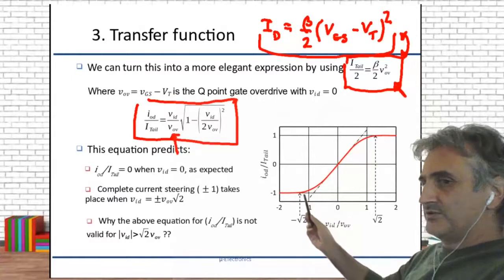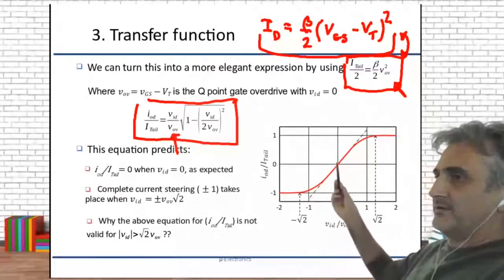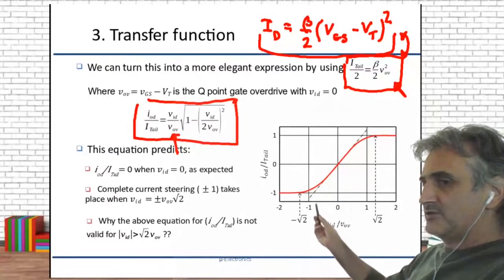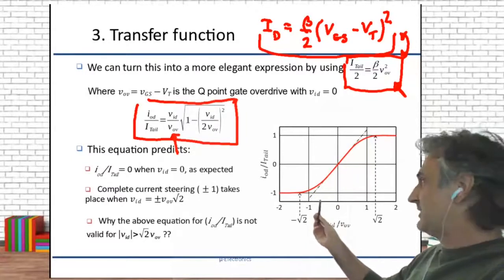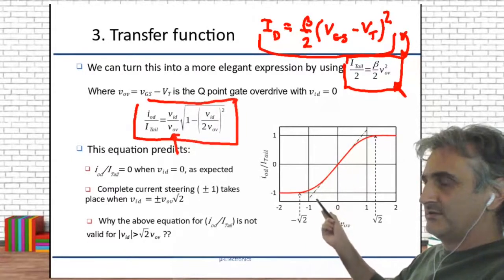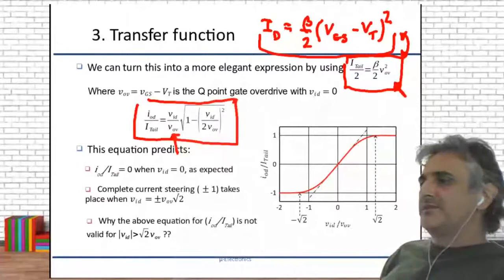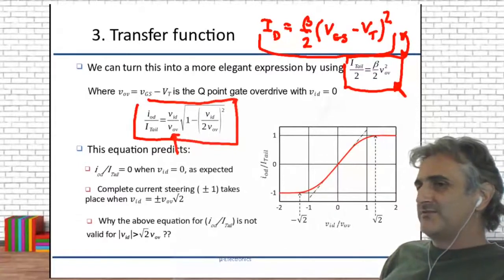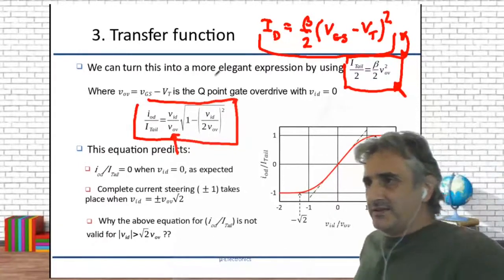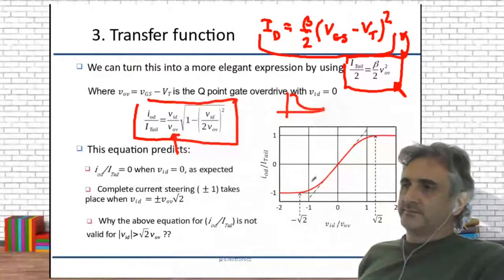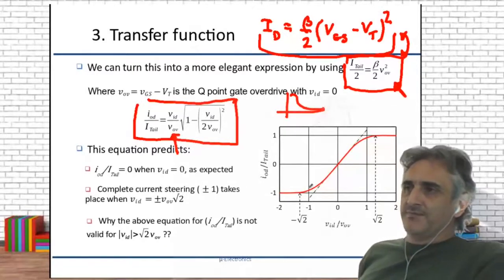Our equation would be this line, but the actual behavior by simulation is the red line. Do you remember the long channel transfer function? It was doing something like that, and in this case, it's also similar.